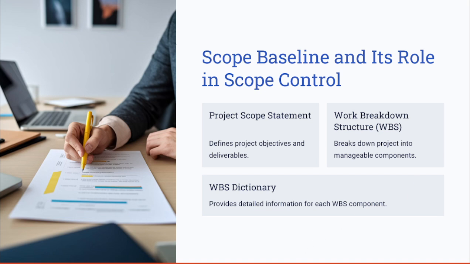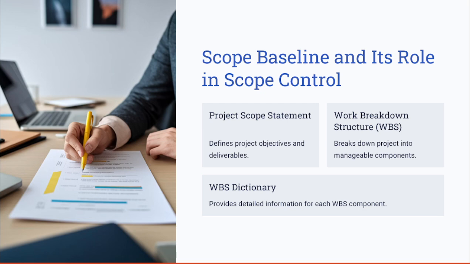To understand the scope baseline and its role in terms of scope control, if you recall when we were gathering the requirements, we completed collecting the requirements and we established a scope baseline where all of the deliverables are listed based on the collected requirements.